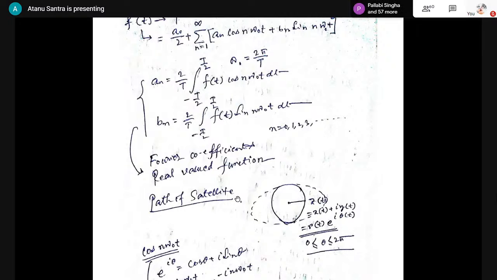We started this earlier when we talked about the complex signal. The example was e to the power i theta, that is equal to cosine of theta plus i sine theta. That is the complex like signal.